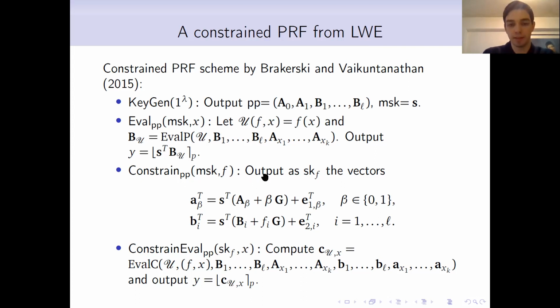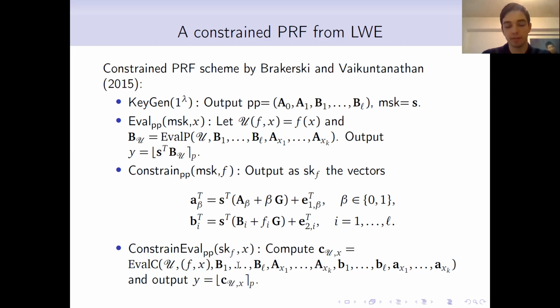A constraint key for a function, a circuit F, is composed of these vectors A0 and A1 of this form, and these Bi where we have one for each bit Fi of the description of F.